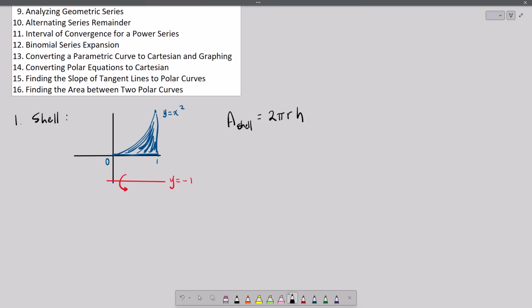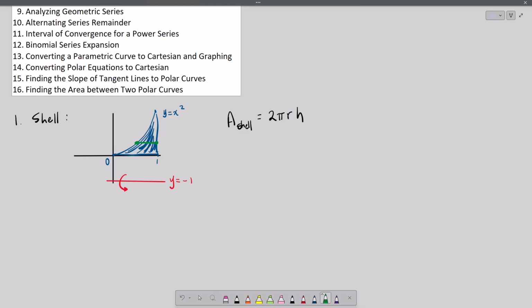The shell is created by rotating a horizontal element. So we've got that horizontal element, and when that green element rotates around a horizontal axis, it creates a cylinder. If we chose a vertical element, we would end up with a washer. So parallel is going to create a cylinder. Perpendicular would create a washer. So parallel, creating a cylinder.